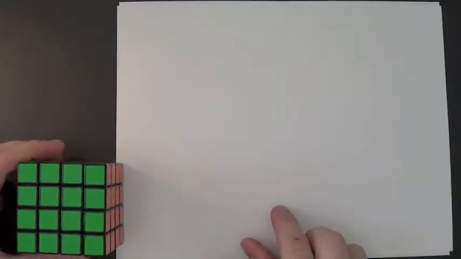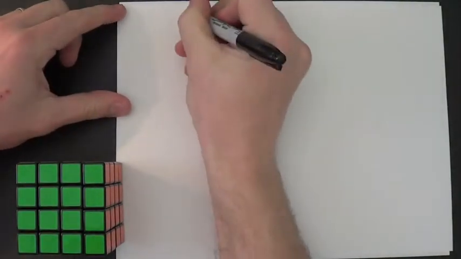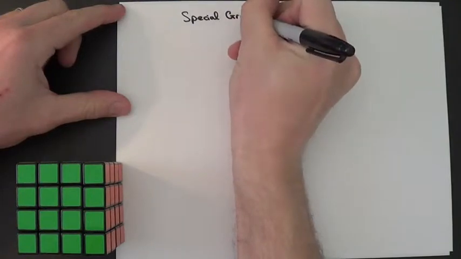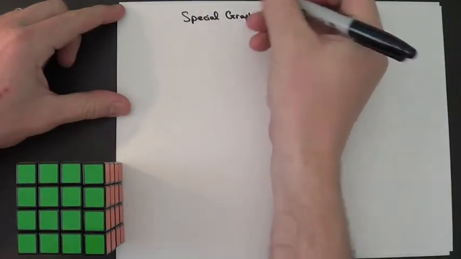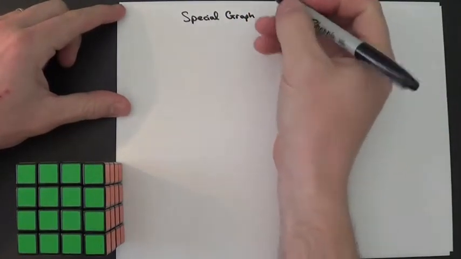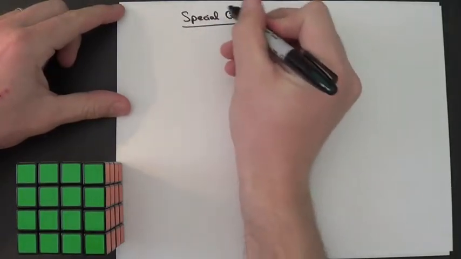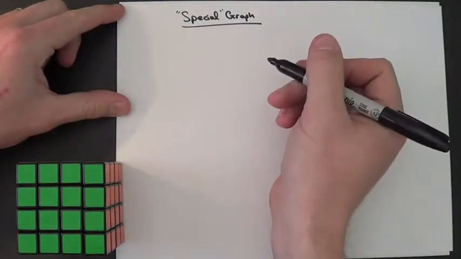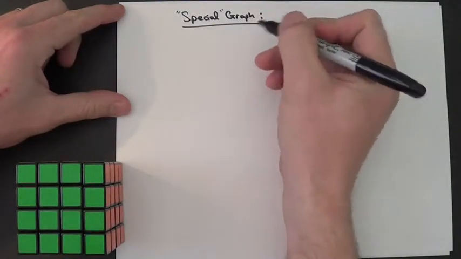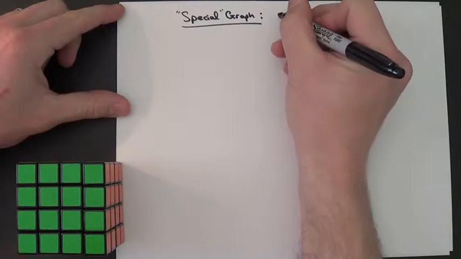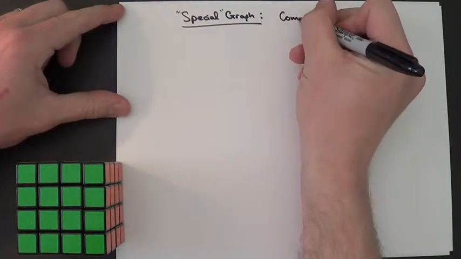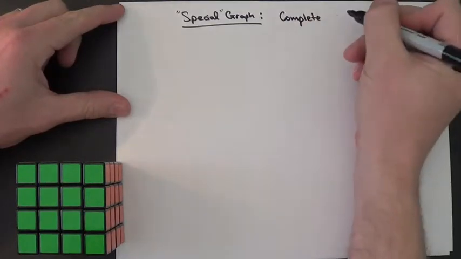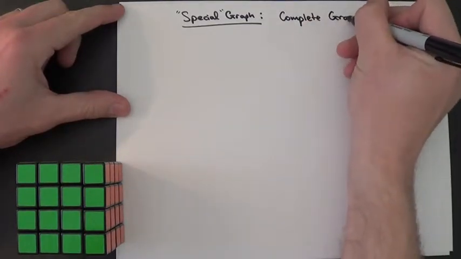Now for a couple special types of graphs. I'm not going to list all of them that are in the text, but the definitions are quite similar. The most interesting special graph, and just about the most used as far as examples are concerned, is the complete graph.